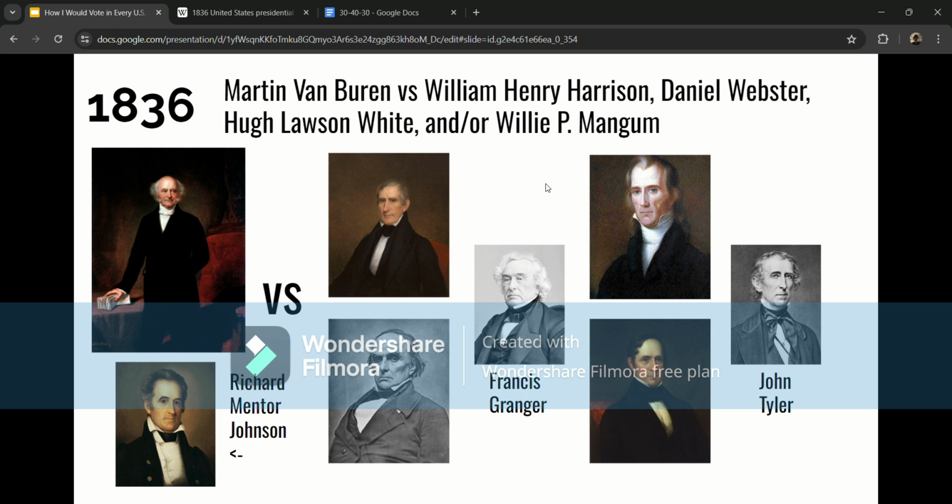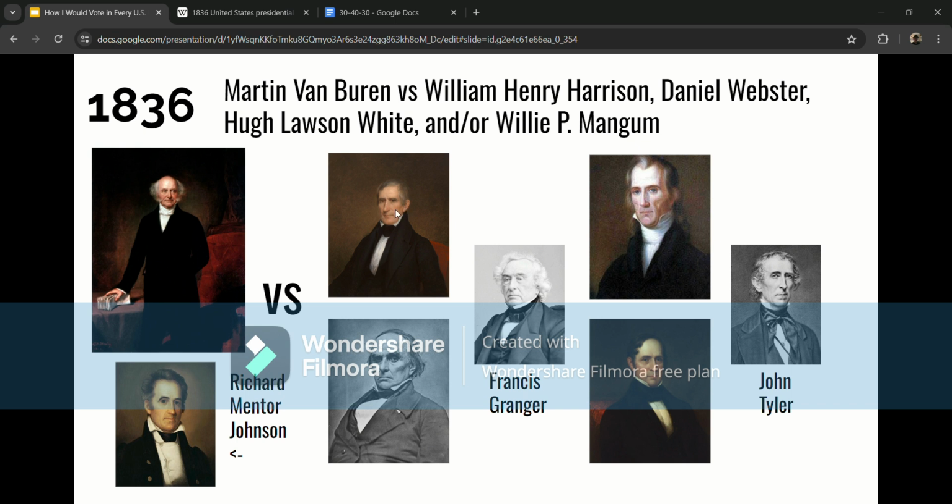So of these 4 Whig candidates, all of them were pretty much playing what is often called the favorite son movement, which is the basic idea is voters would vote for the person who represents their generalized area in the country. For example, Northerners voting for Northerners and Southerners voting for Southerners. So as you can see here, we have 4 candidates.